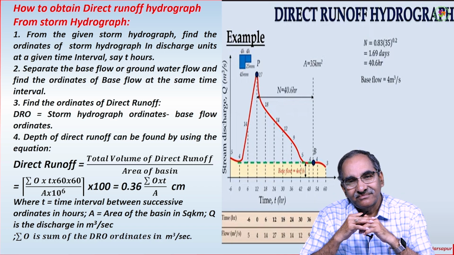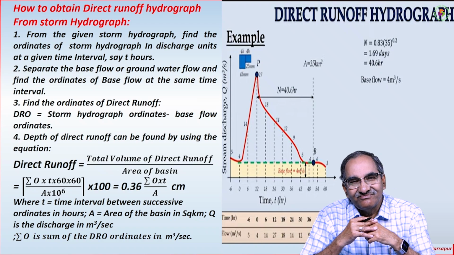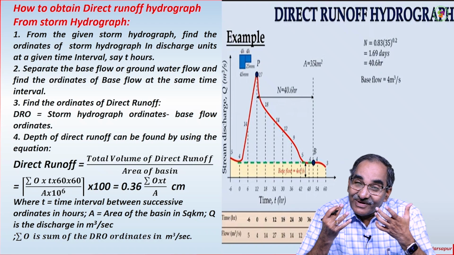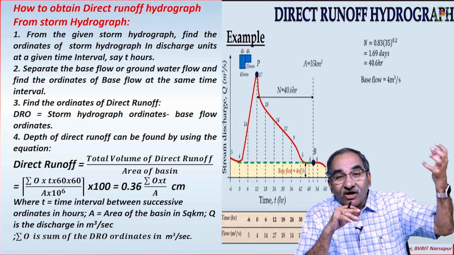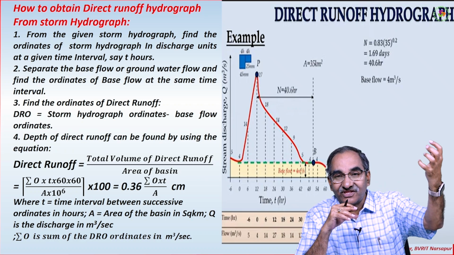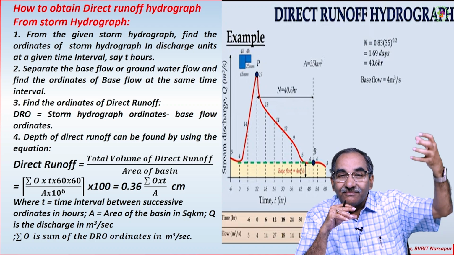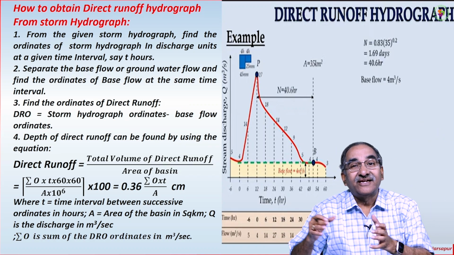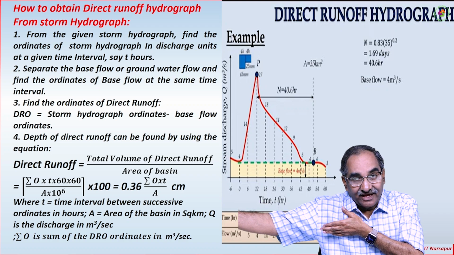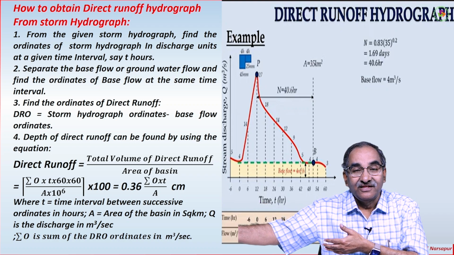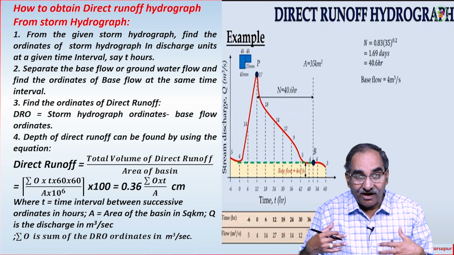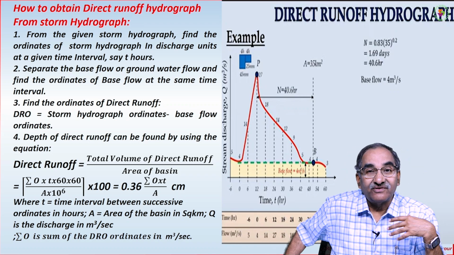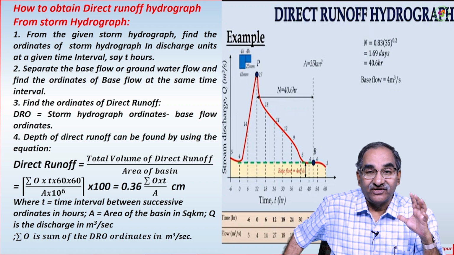How to obtain it? What is given to you? Given to you is the storm hydrograph. What do you mean by storm hydrograph? Because of a rainfall of 3 hours, 2 hours, 5 hours, whatever runoff is there, if you collect that runoff at the outlet point of the catchment and plot a graph between time versus runoff, that is what we call a storm hydrograph.